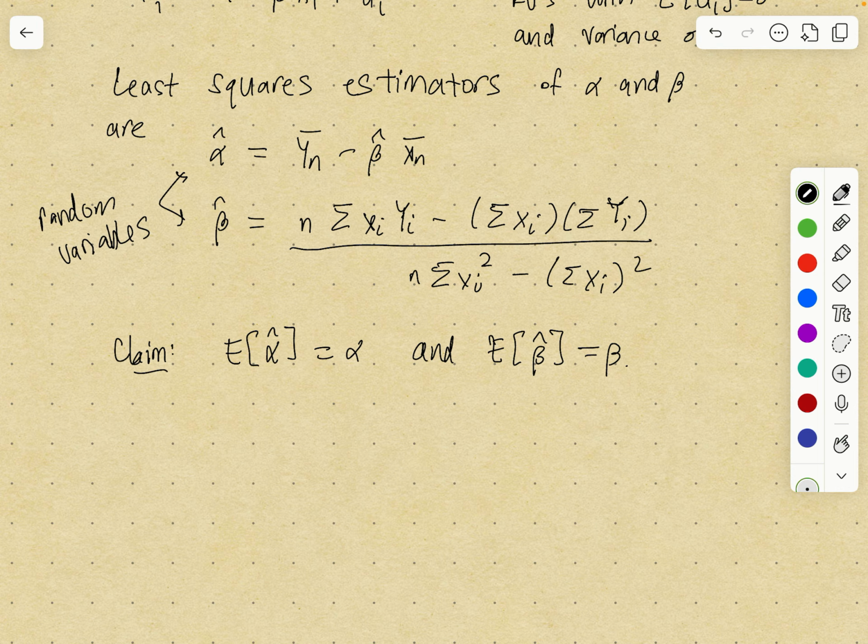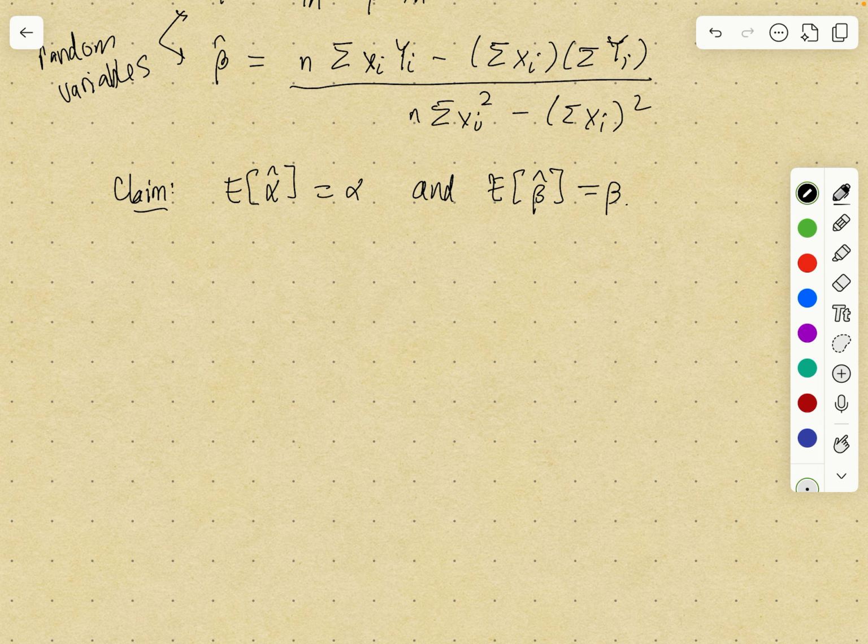So first we'll show that the expected value of beta hat is equal to beta. Well, we have beta hat equal to the thing above, and when we take the expectation, we can use the linearity of expectation.